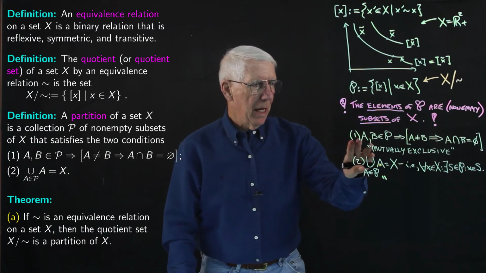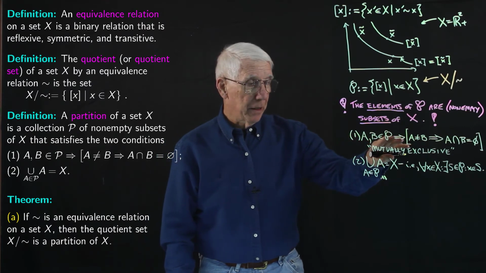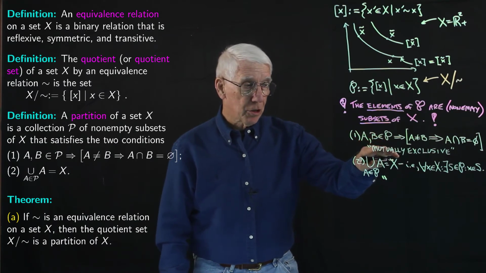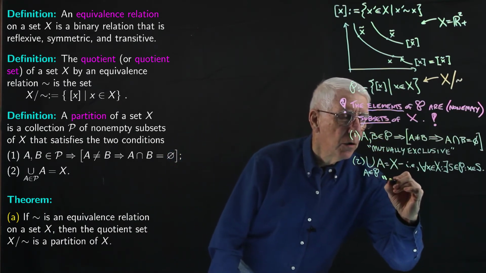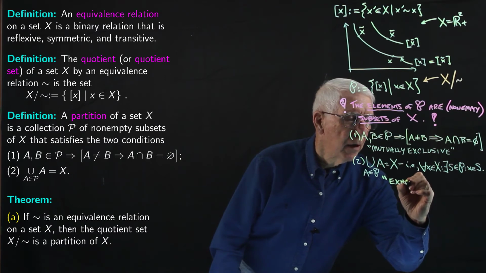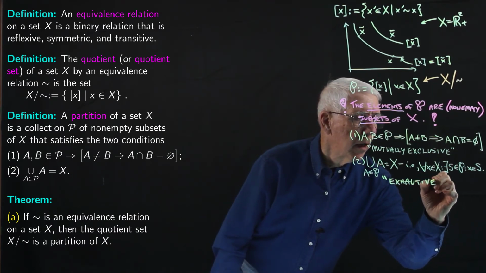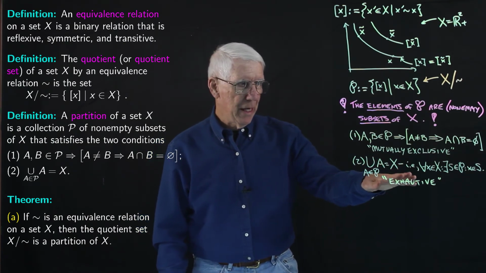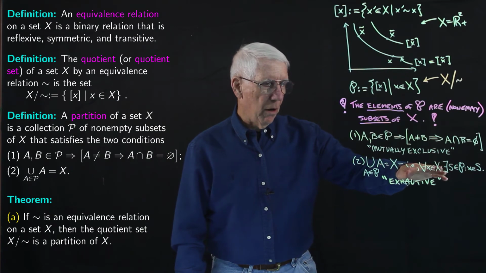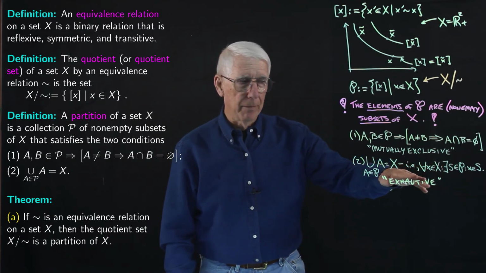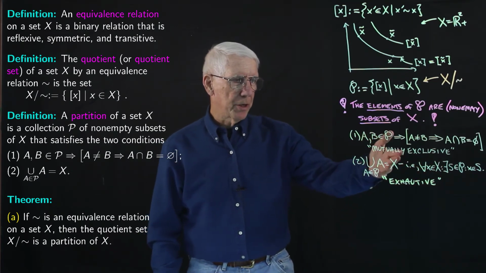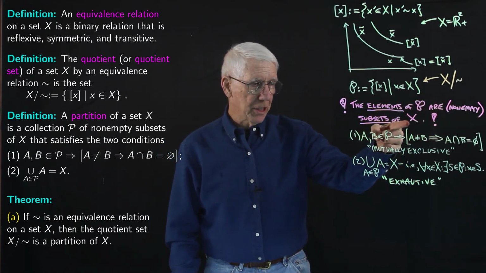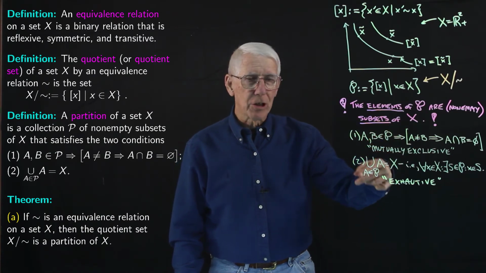We say that the first condition for a partition is that the partition consists of sets that are mutually exclusive, and the second condition, we often describe by saying that the partition consists of sets that are exhaustive, in that they cover all of the underlying set X. They exhaust all the elements in X. So we often just describe a partition as a collection of non-empty subsets of the underlying set that are mutually exclusive and exhaustive.